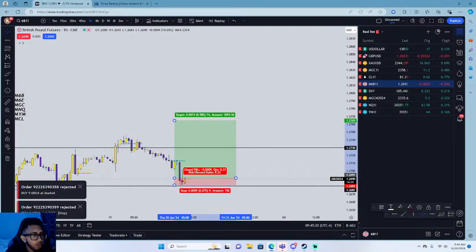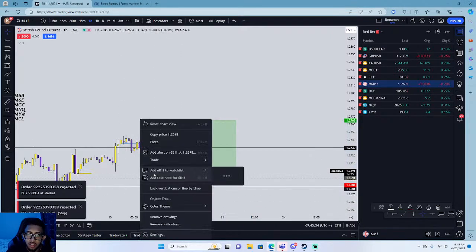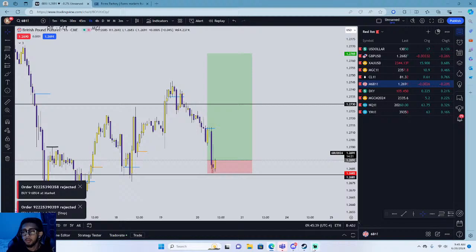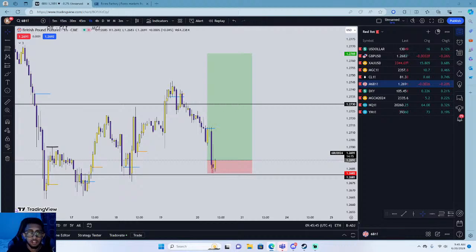Yeah, for some reason my order just keeps getting rejected. I'm going to check to see why that is, but I am looking at this position right here, the Great Britain pound long. I'm not going to lie, I've had that issue twice recently.